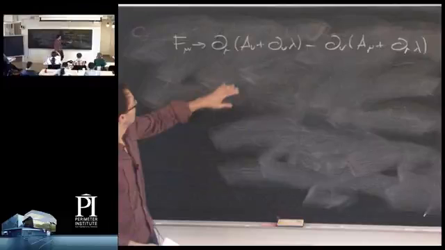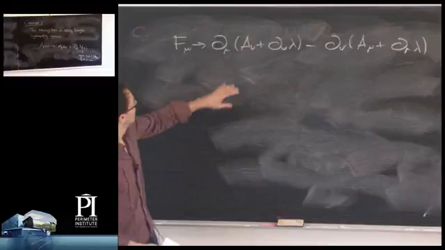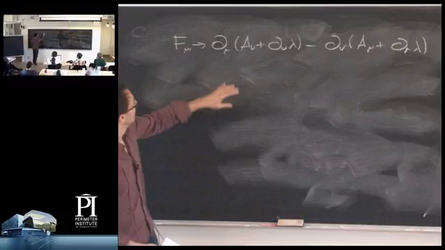Okay, so why is this a symmetry of the Lagrangian? Well, let's just plug it into F and see what happens. So the field strength changes in the following way.